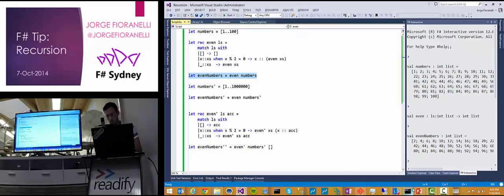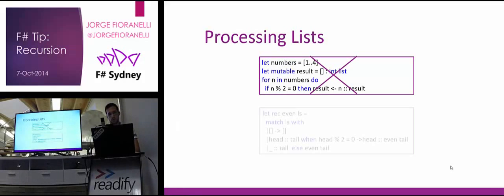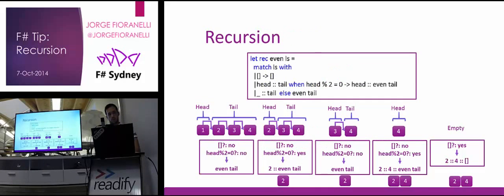So let's see what happened there, how this works in more detail. In the first case, we had the list that had those 4 numbers, and we call this function the first time, and we ask, is the list empty?